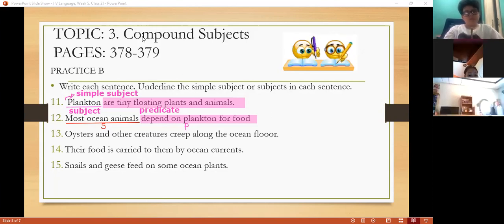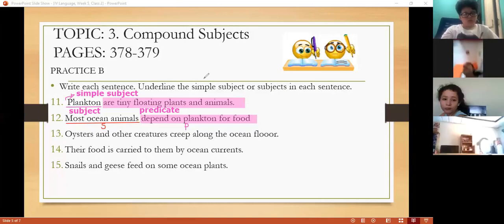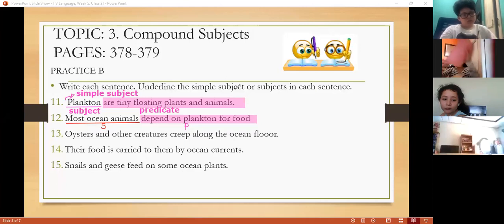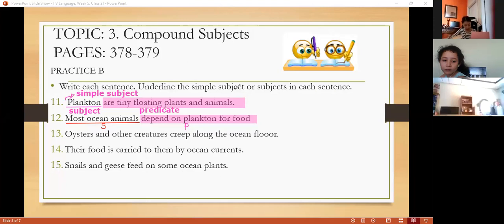It's okay, but the most important first step is to identify what is the subject and what is the predicate, because you're looking for simple subjects. You cannot look for the subject in the predicate, because that is incorrect, class.